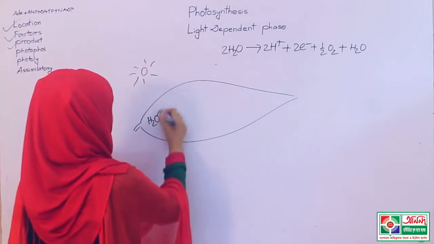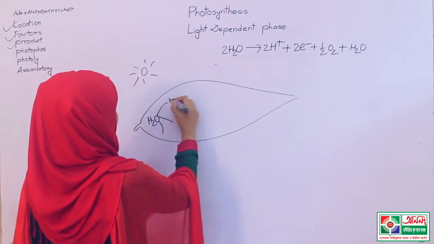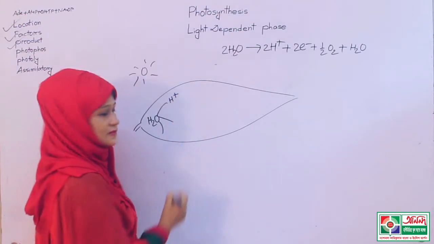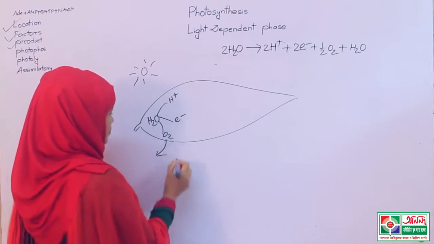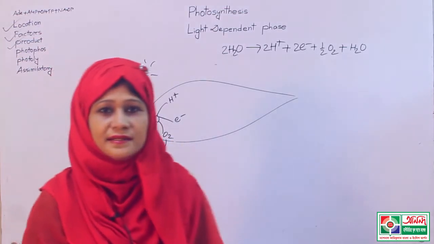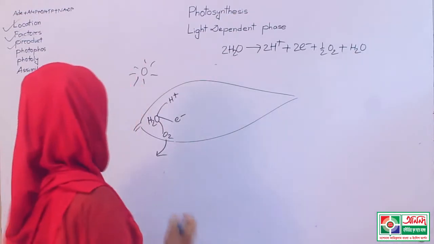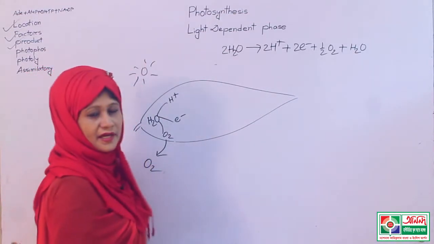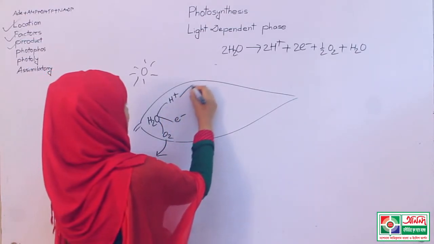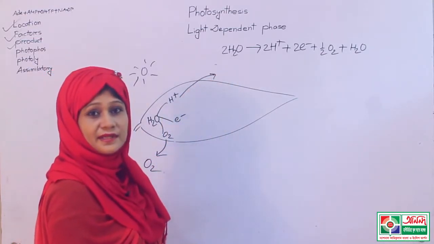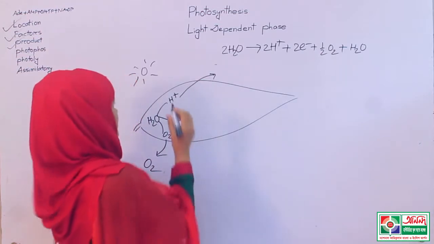What happens? H plus, electron and O2. These O2, that means oxygen, releases through the stomata in the outer environment. Okay, and this H plus will reduce the NADP.